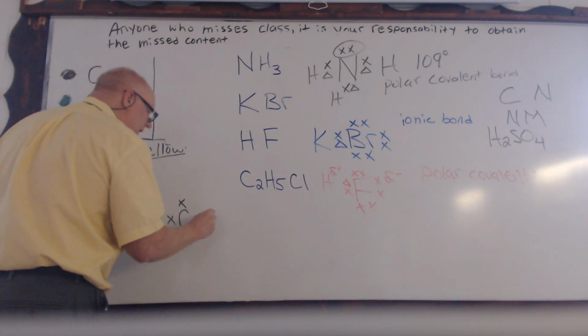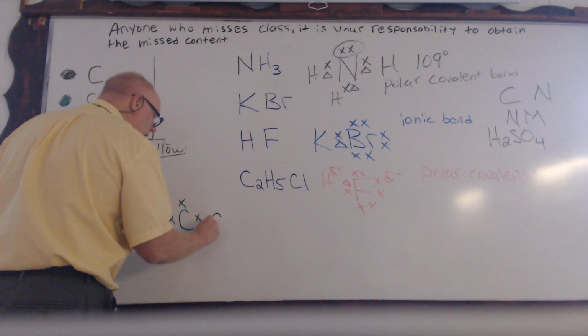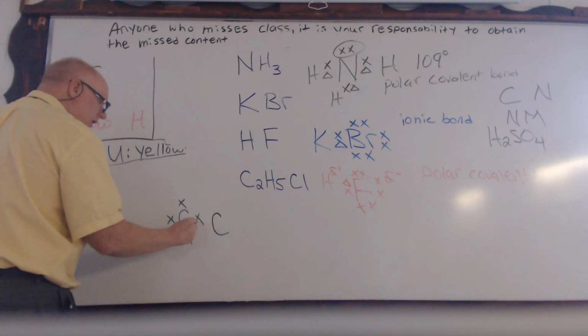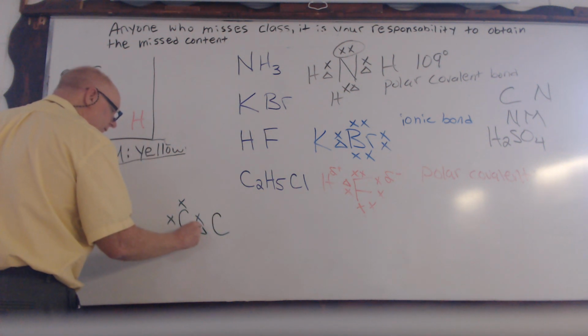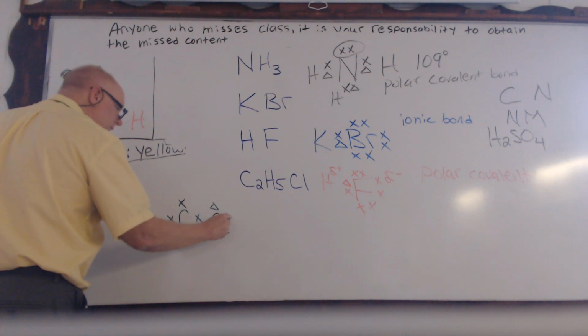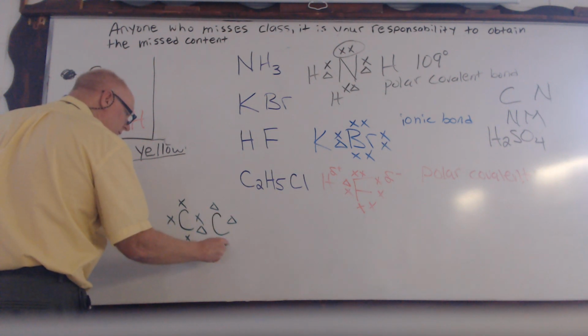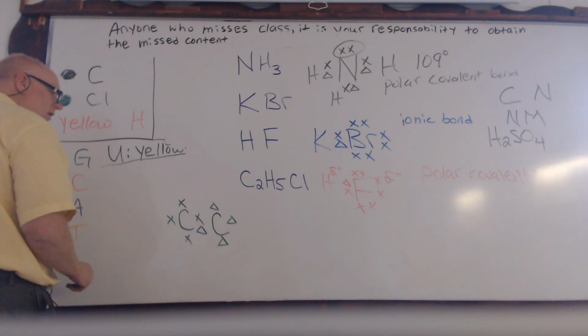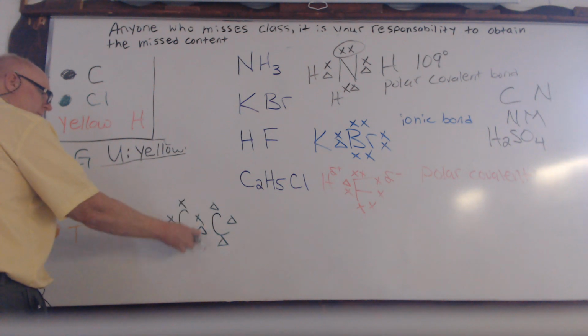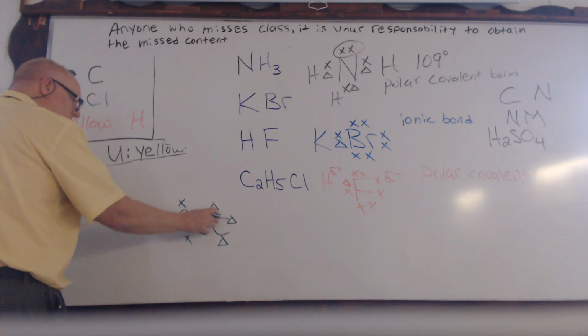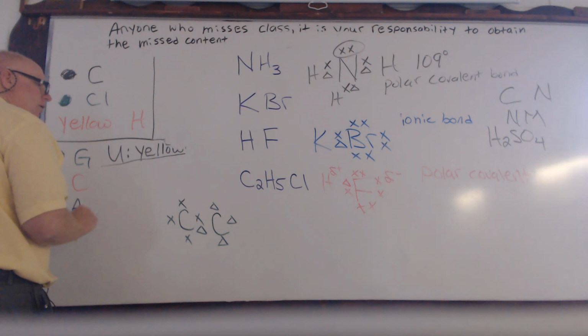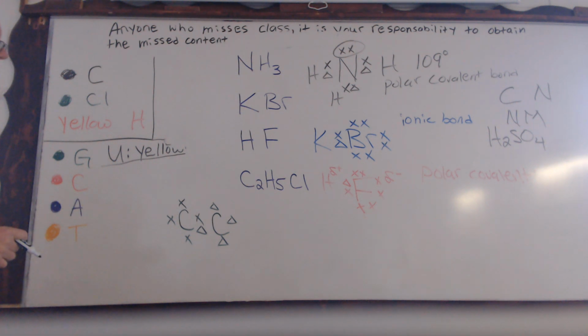The reason being is we're going to do our other carbon now, still in column 4. Okay, so we've got our single bond. These are being shared equally with each other by creating that bond. Now you can pick either your hydrogen or your chlorine. It doesn't matter which one.